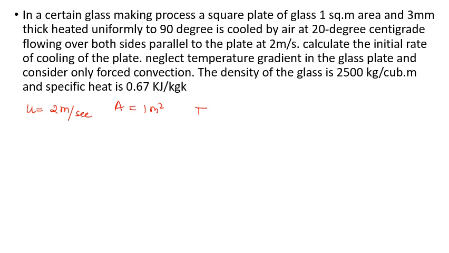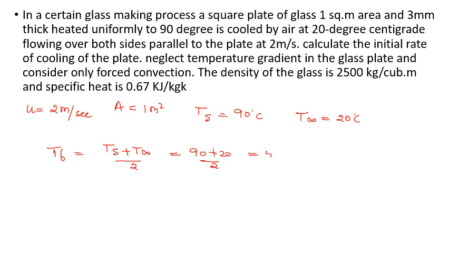T surface is 90 degree centigrade, and T surrounding is 20 degree centigrade. The properties of air at a mean temperature: T film is equal to T S plus T infinity divided by 2, that is equal to 90 plus 20 divided by 2, that turns out to be 55 degree centigrade.